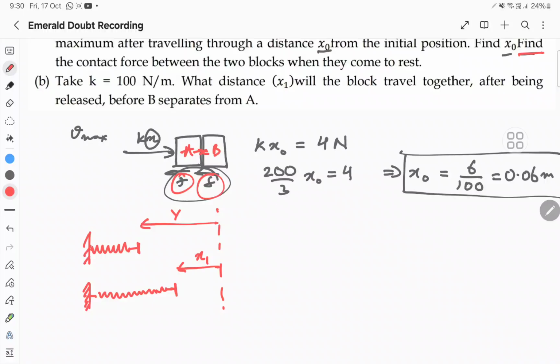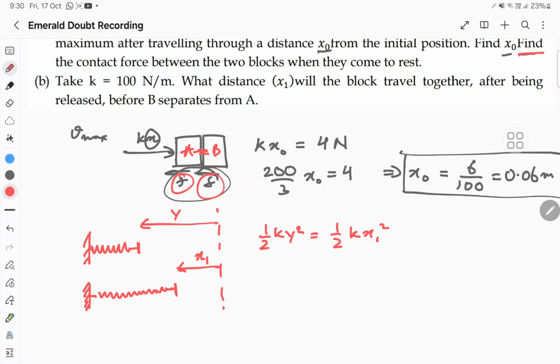If we write the energy equation, then the initial spring energy was half k y square. Finally the spring energy is half k x1 square, but they are not equal. There is no kinetic energy, so there has been energy which has been destroyed by friction.